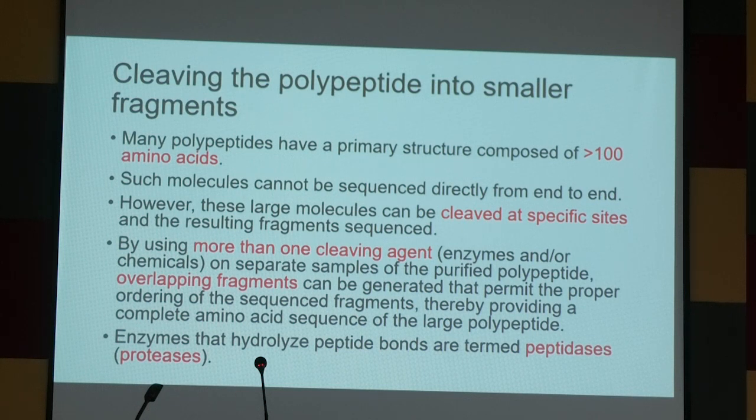Determining the structure of a quaternary protein is sometimes difficult because the protein is bigger in size. So what do we do? We separate the different polypeptide chains, and sometimes even the polypeptide chains are really big. When a polypeptide chain has more than 100 amino acids, it is sometimes difficult.